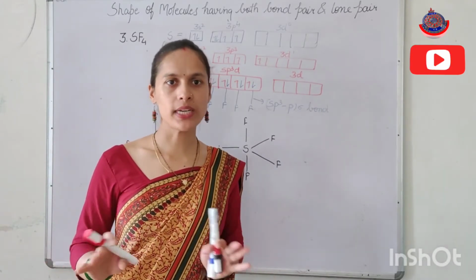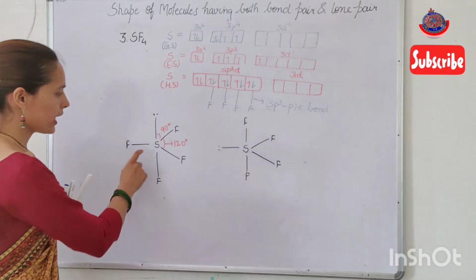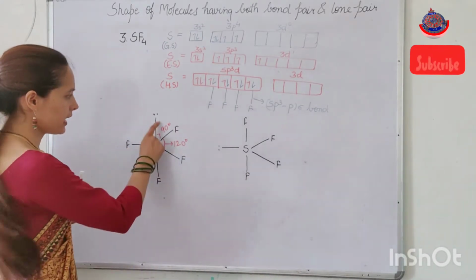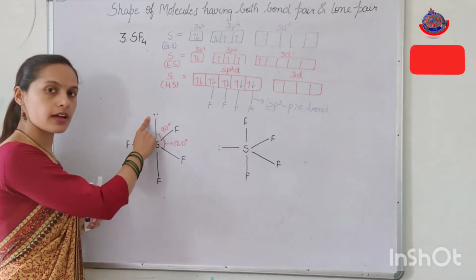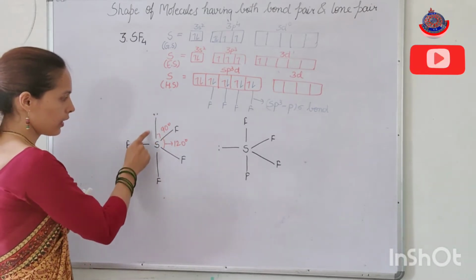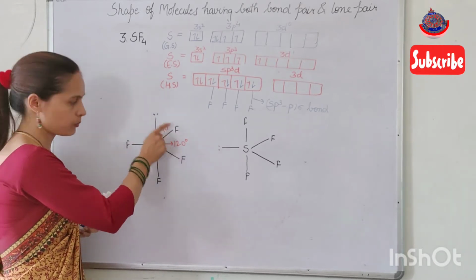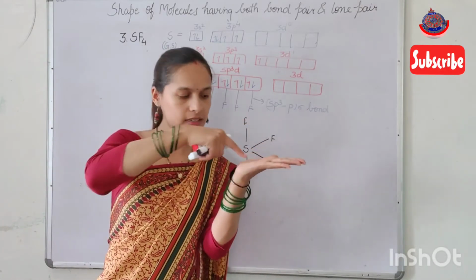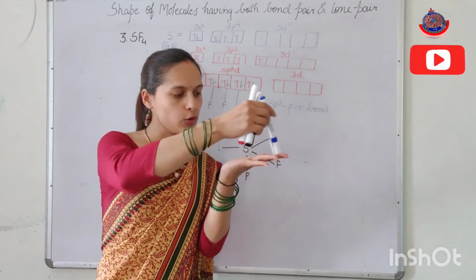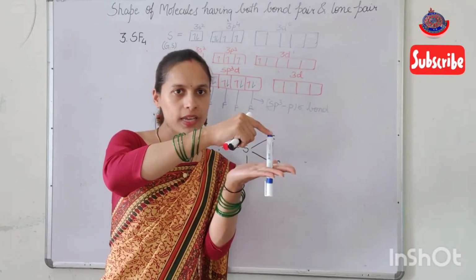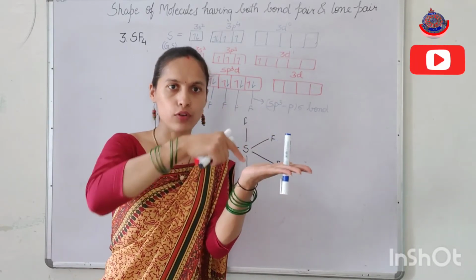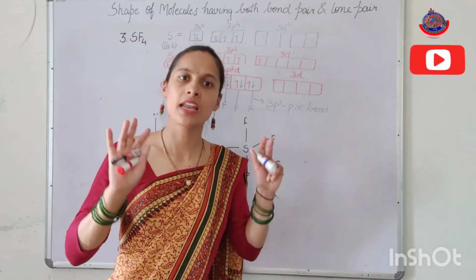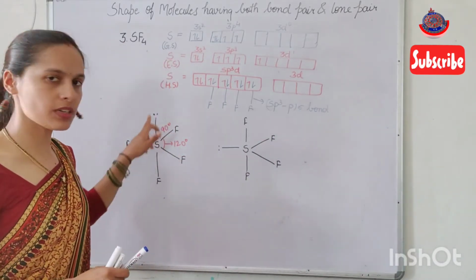So in this case, if I talk about the different repulsions, then if this lone pair is here, it repels with this, with this, and with this. Means 3 fluorine are present as a triangle and the lone pair is present here. So this lone pair is repelled by these 3 fluorine which are present in a triangle, because the angle between this and these 3 is 90 degree.